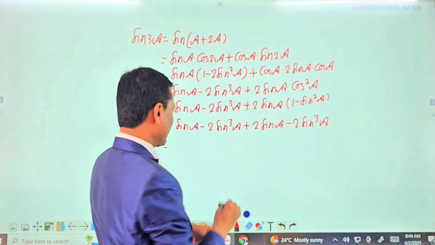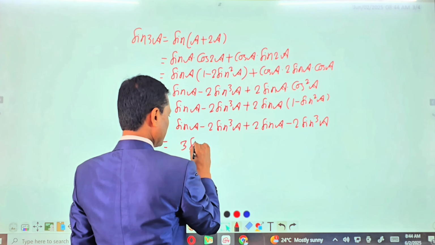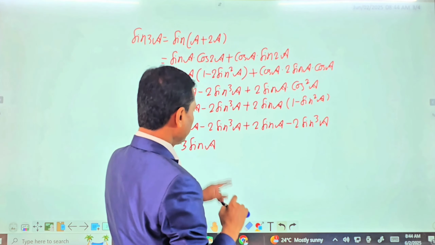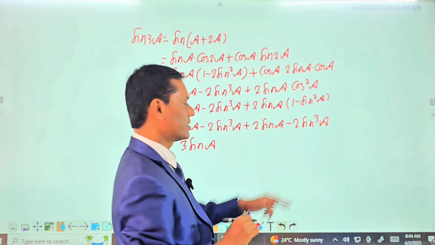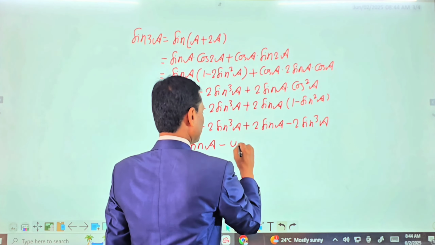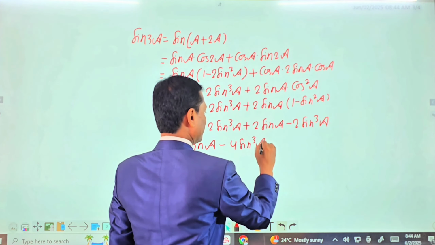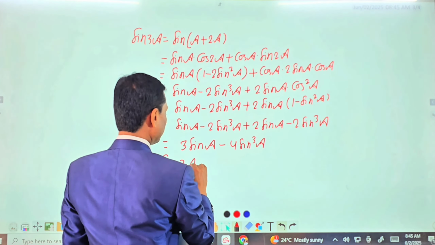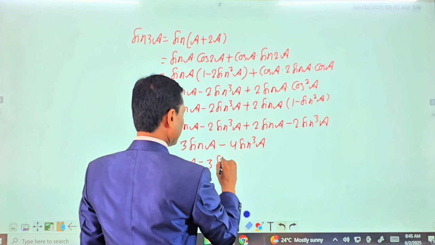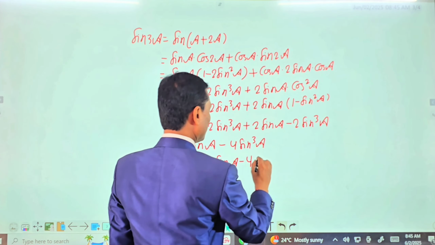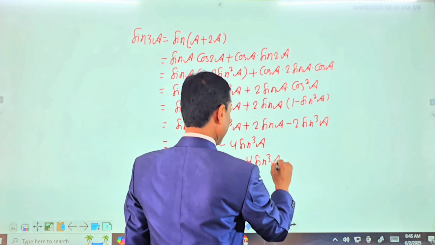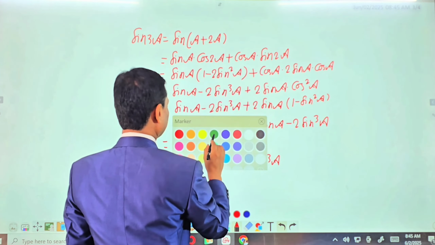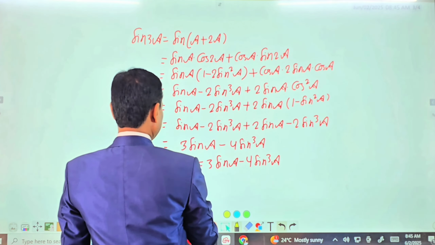Sin A plus 2 sin A gives us 3 sin A and minus 2 sin cube A minus 2 sin cube A, that gives us 4 sin cube A, isn't it? And that's the formula of sin 3A. Sin 3A equals 3 sin A minus 4 sin cube A. Okay, and that's the formula of sin 3A.